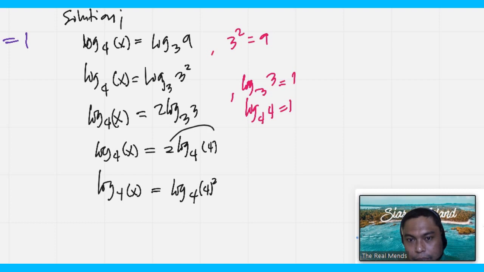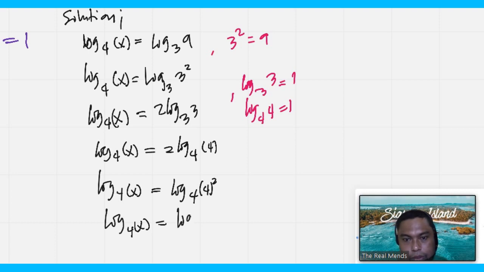Using property number 1, take the exponent 2 to the power of 4. This is the next solution. I have log base 4 of x is equal to log base 4 of 16, since 4 times 4 is 16.